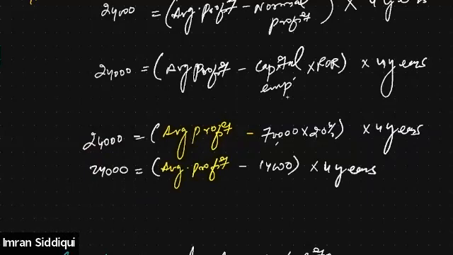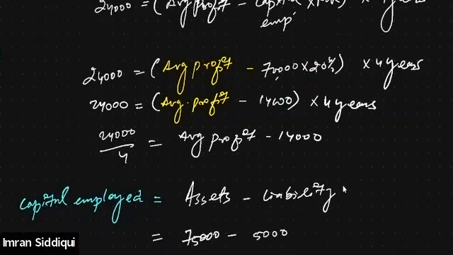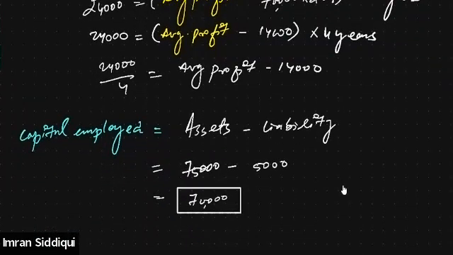14. Right? So 24,000, we will divide 24,000 by 4. Can we do this? On the right side of the equation, we will be left with average profit and 14,000 only, right? And then we'll be able to determine the average profit.